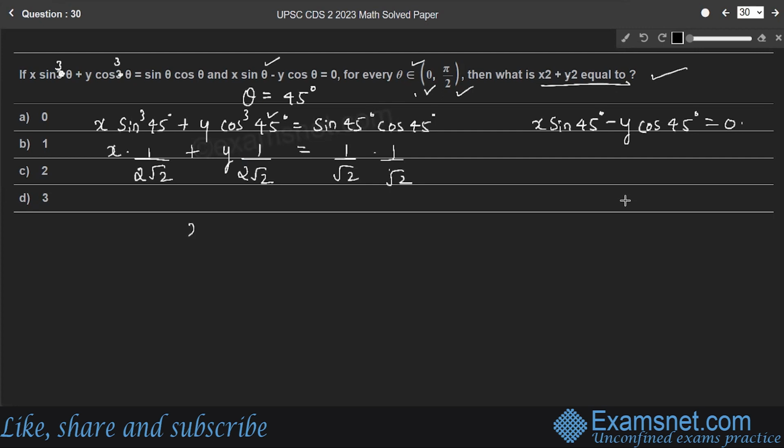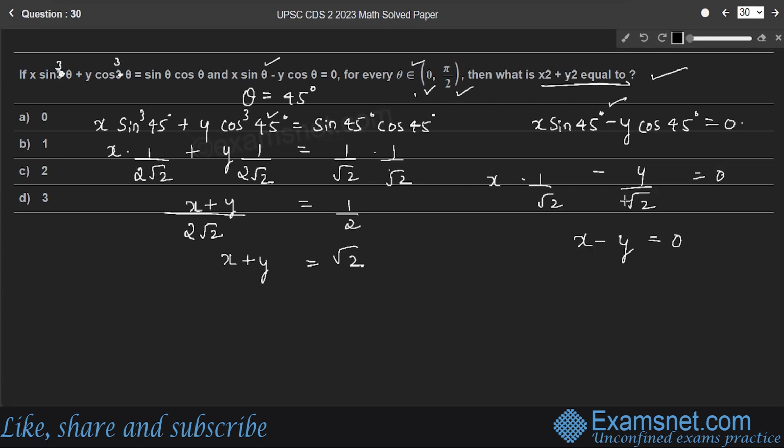Since 2 root 2 is the LCM, we have x plus y in the numerator, and the right hand side becomes 1 by 2. Therefore x plus y becomes 2 root 2 by 2, which is root 2. The second equation becomes x times 1 by root 2 minus y times 1 by root 2 is 0. That means x minus y is 0.